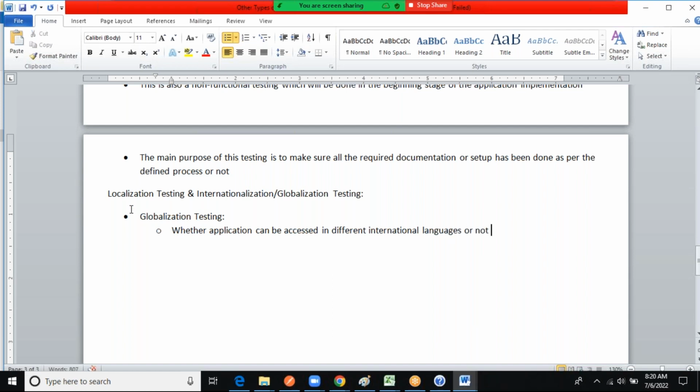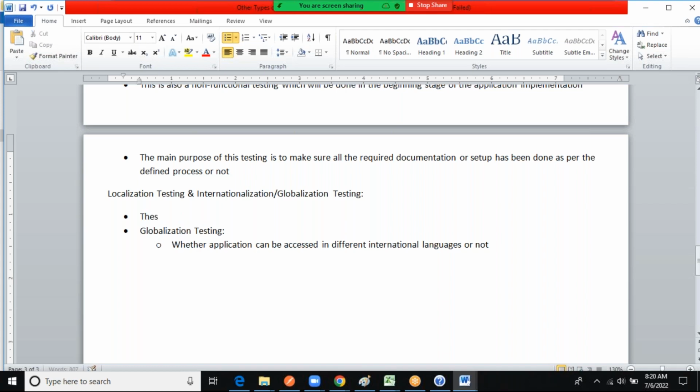What is this? This is also non-functional testing only. These are non-functional testing activities. You are not validating whether the functionality is working or not, but whether I'm able to use the application in my own language or not, global languages or not.